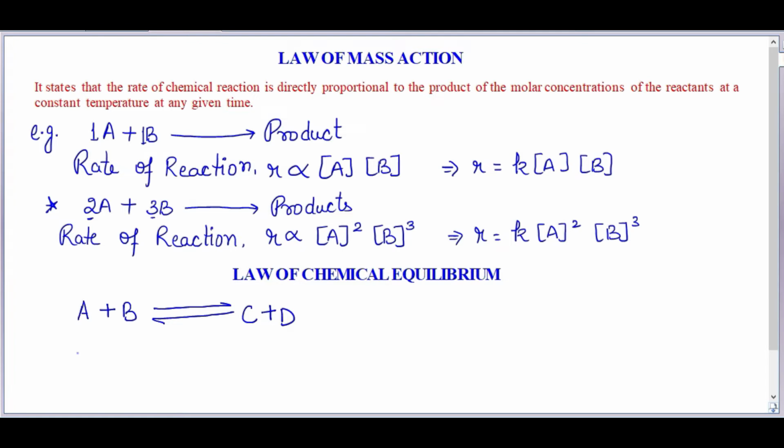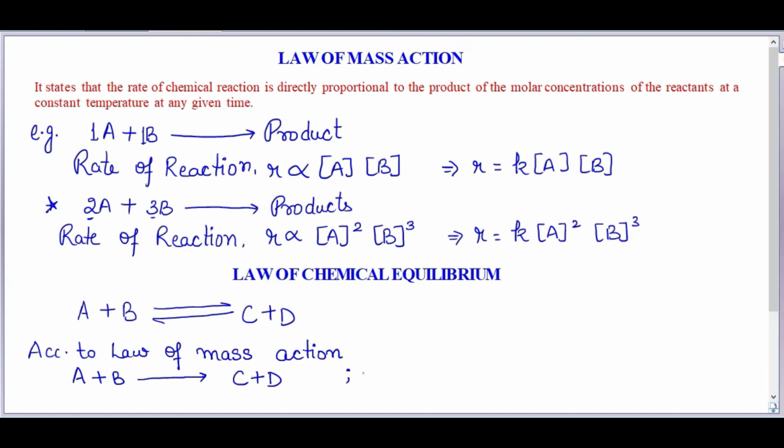According to the law of mass action, A plus B gives rise to C plus D. I am taking individual reactions. Here I am considering A plus B as reactant and C plus D as product. In that case, this reaction is the forward reaction.